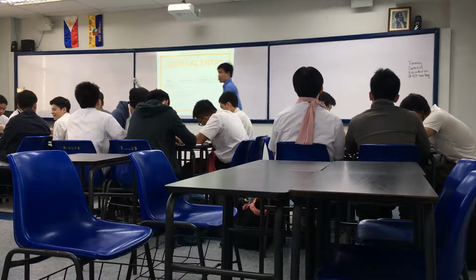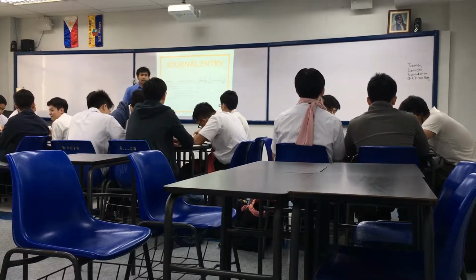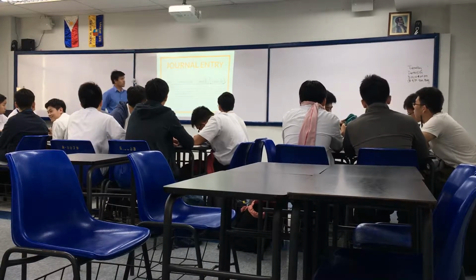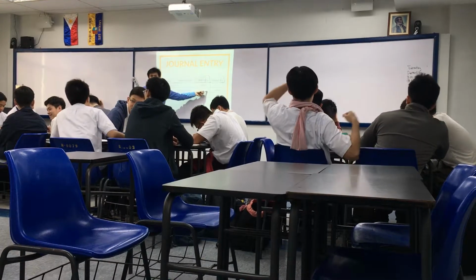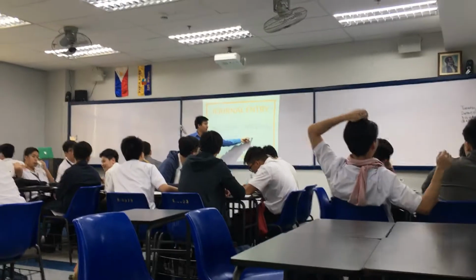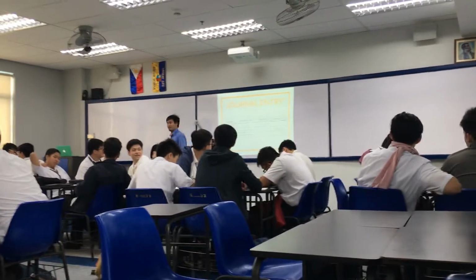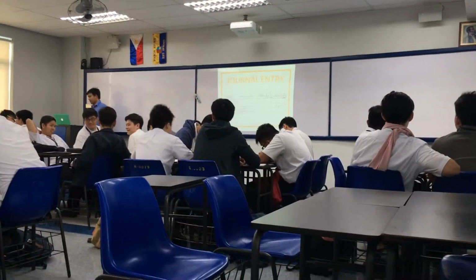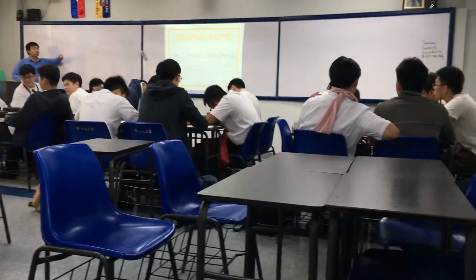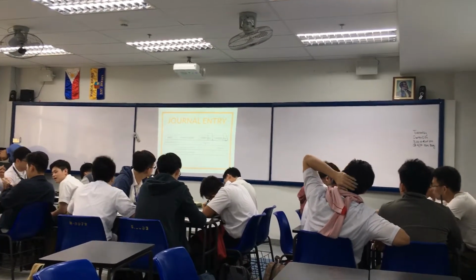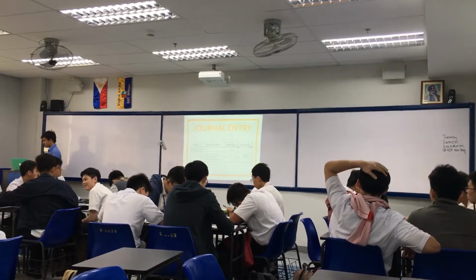Sir, three zeros talaga. What? 100,000. It's a comma. Okay, so these are just example values. We'll go about how to record them.